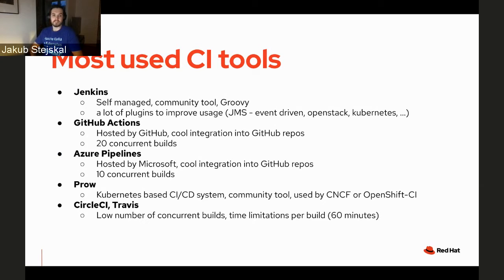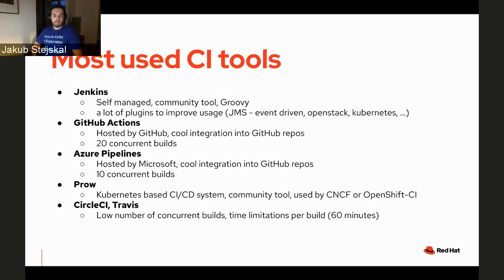You can very easily create and commit pipelines into a repository and run them with every push or PR. It's basically up to you. I will show you during a demo as well. Another point is that Azure Pipelines allow you to run 10 concurrent builds, which is a little bit lower than GitHub Actions allows, but still a pretty good number.